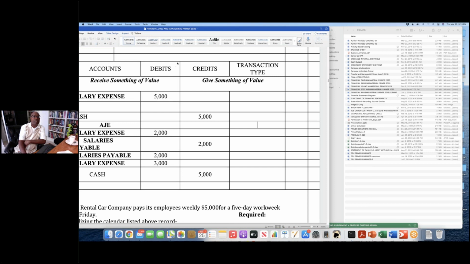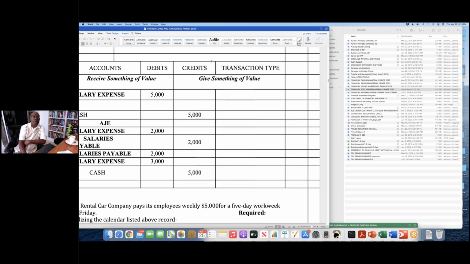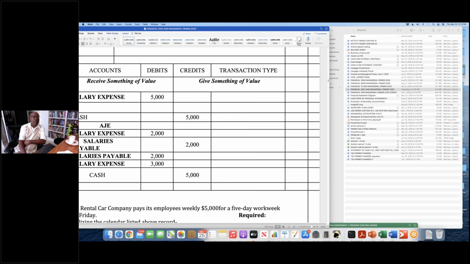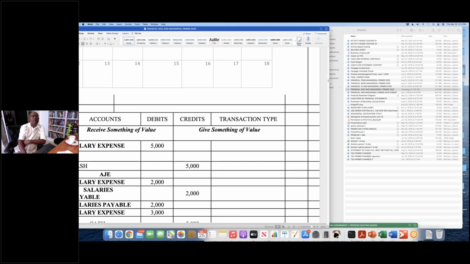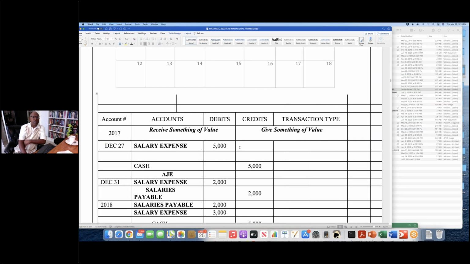Okay, let me move these over some if I can. I didn't put my row where I wanted it. That's okay.